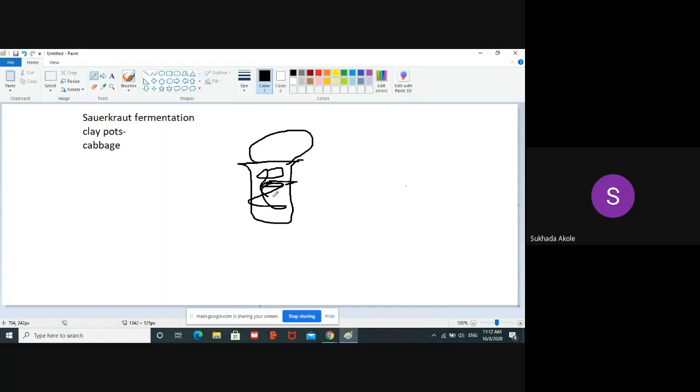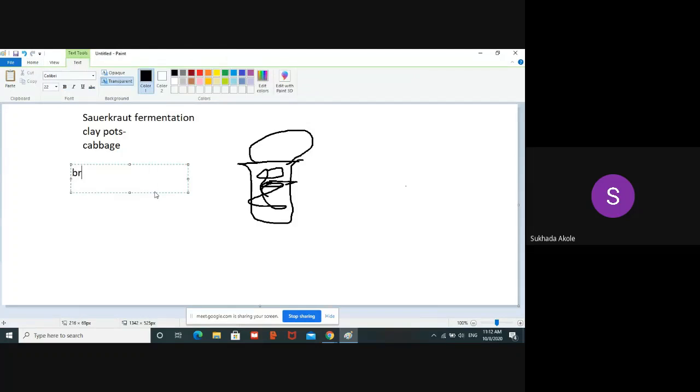So what happens is, after some time, I remove this stone, I add some brine to it. Brine is another ingredient, which is nothing but salt water, or salt solution.